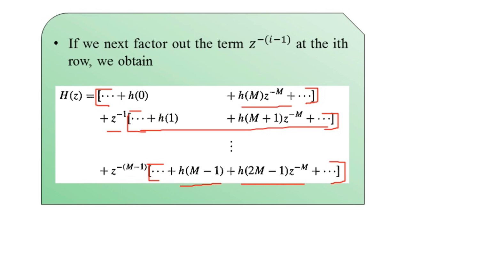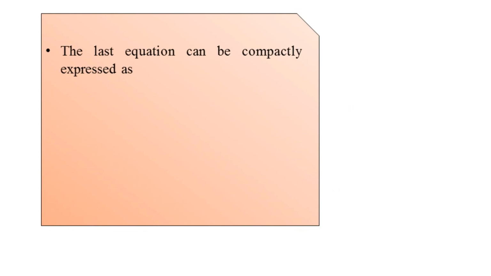So out of the two equations, this is the last equation, and it can be compactly expressed. On the left hand side it will be H(z), and on the right hand side we make use of the summation sign.